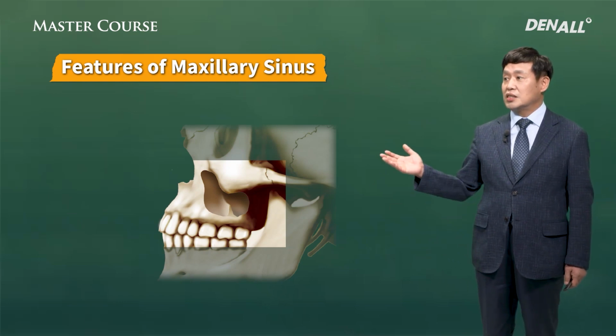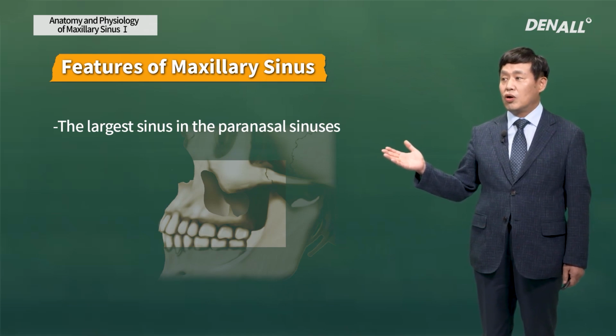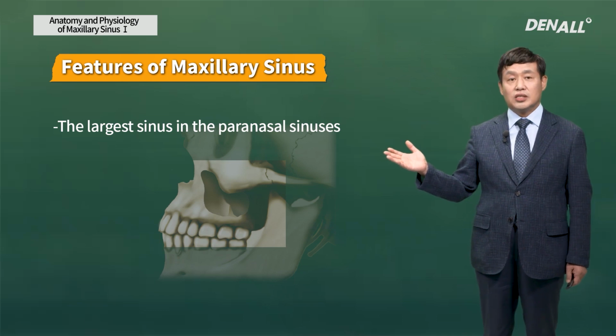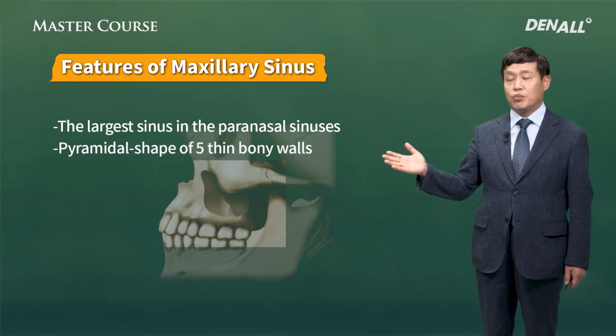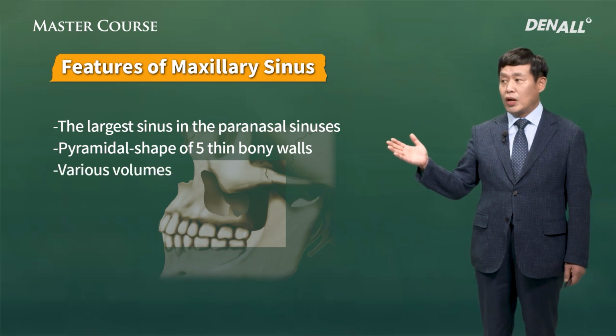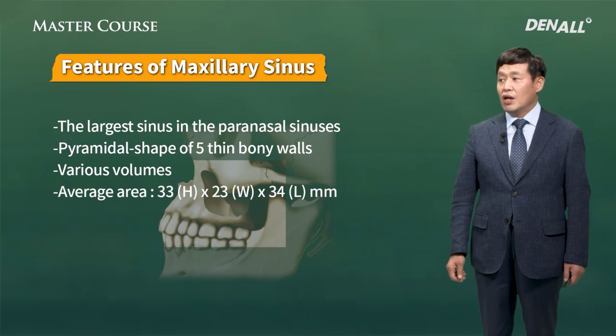Features of maxillary sinus. It is the largest sinus in the paranasal sinuses. In terms of the shape of maxillary sinus, it's a pyramidal shape of 5 thin bony walls. And in terms of the volume, it differs from person to person, and it's different from left to right.